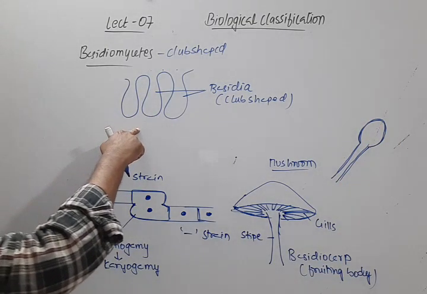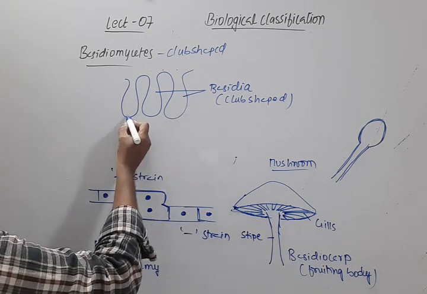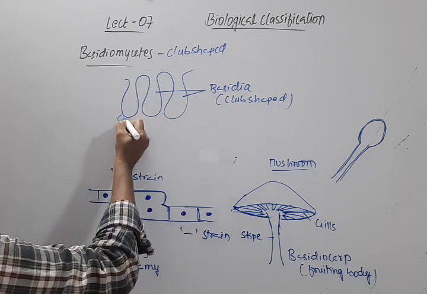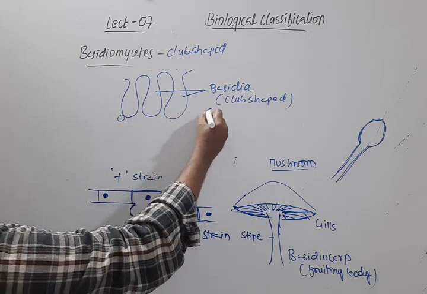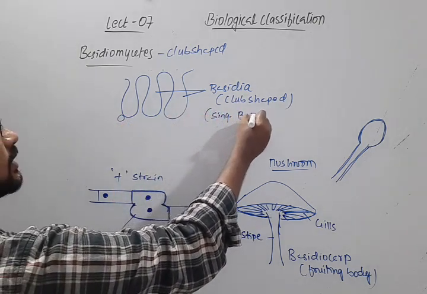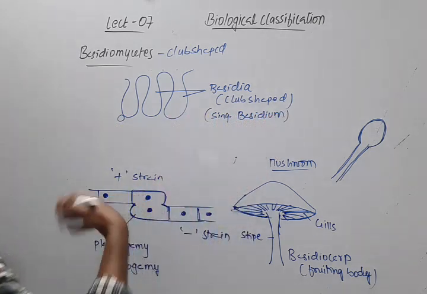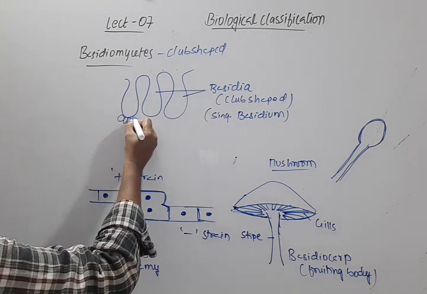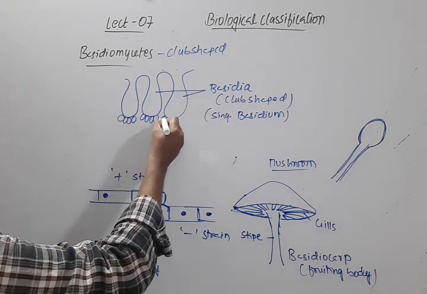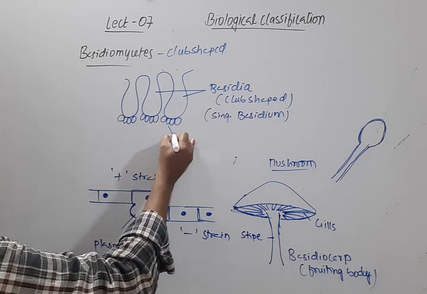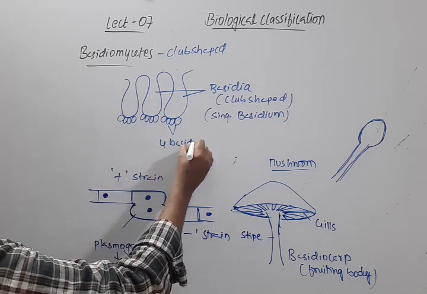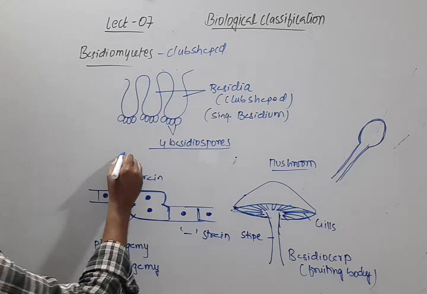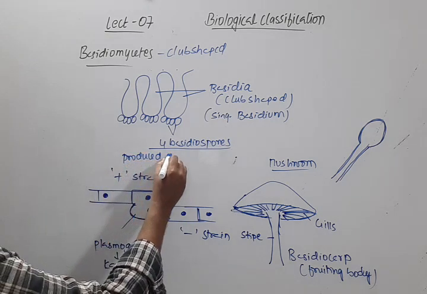So here the basidia, which are club shaped, and inside these basidia the process of meiosis takes place. Each basidium, singular is basidium, and inside the basidium meiosis takes place, and it results in the formation of four basidiospores, and these four basidiospores are produced exogenously.